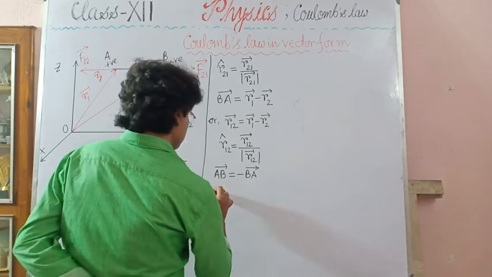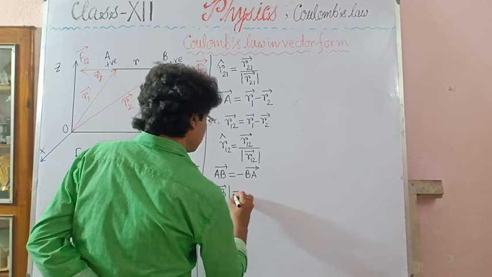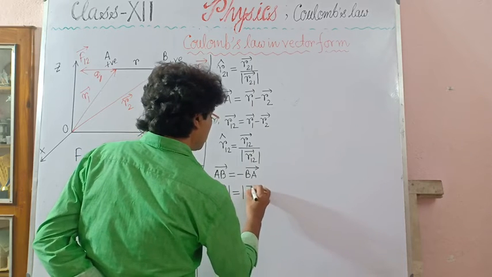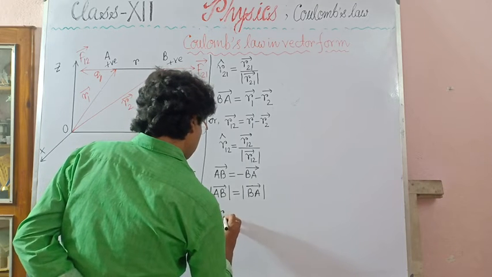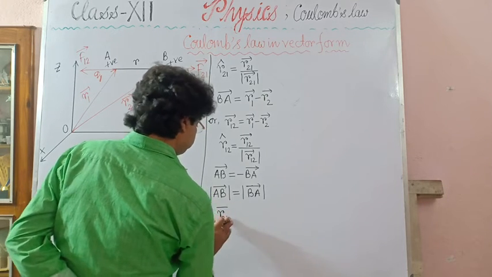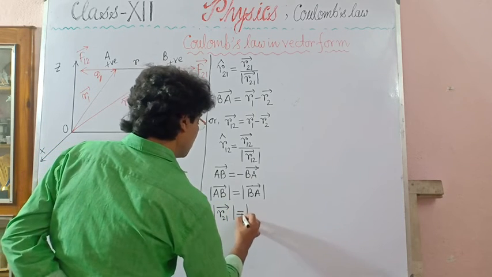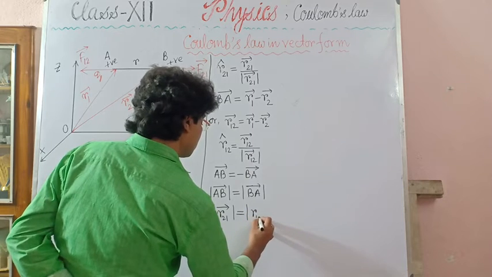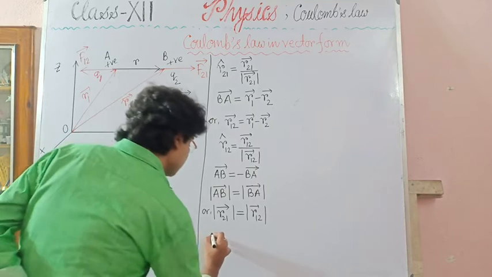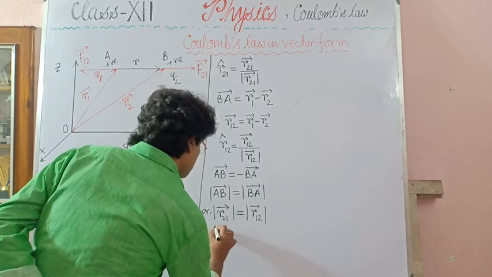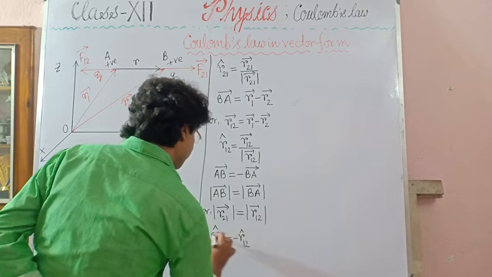So, modulus of AB vector equals modulus of BA vector, or mod of R21 vector equals mod of R12 vector, and also we can write R21 cap equals minus R12 cap.